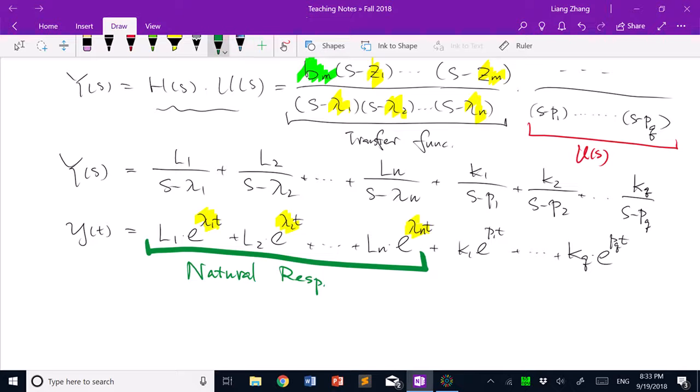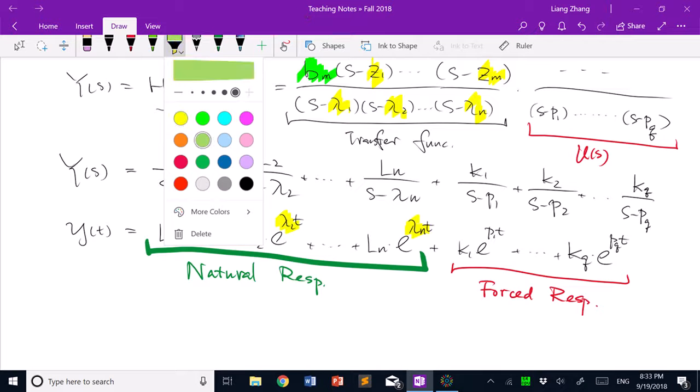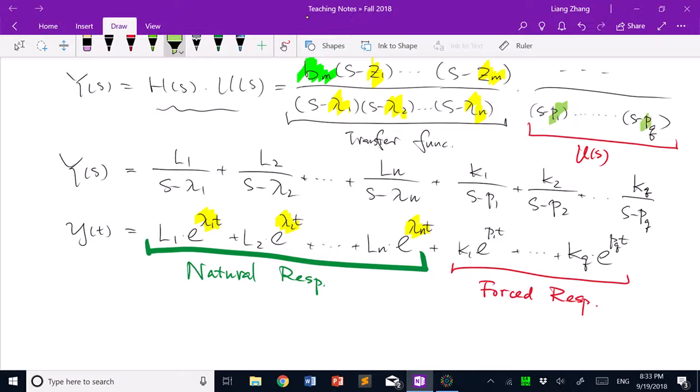And of course, the other ones we call the forced response, since these exponential functions are defined by the poles from the input signal.